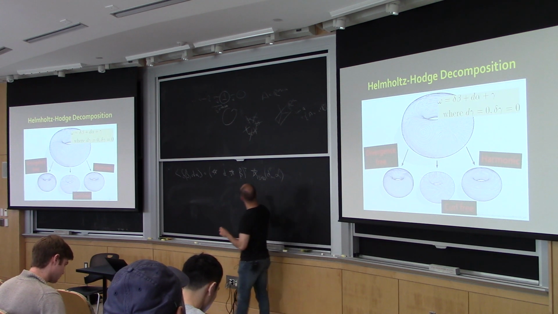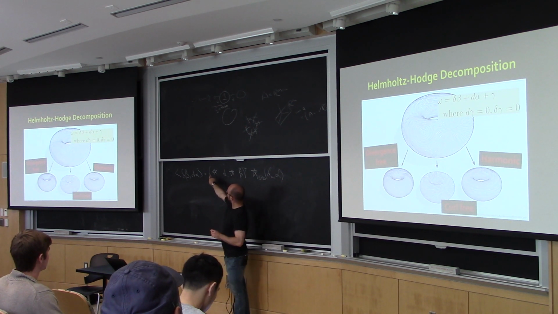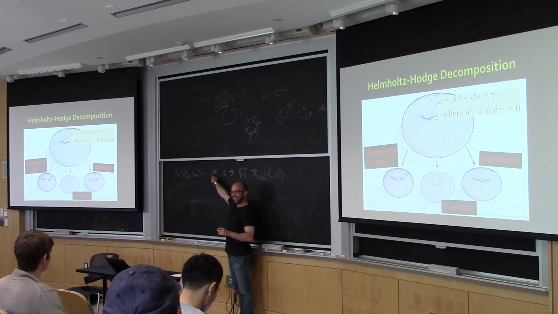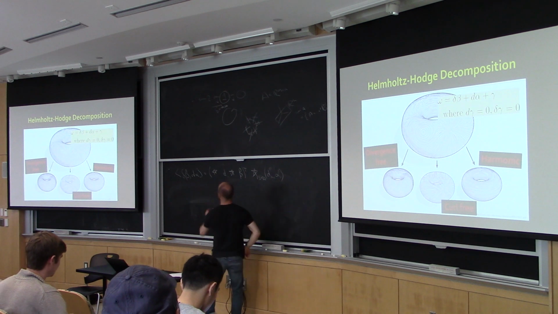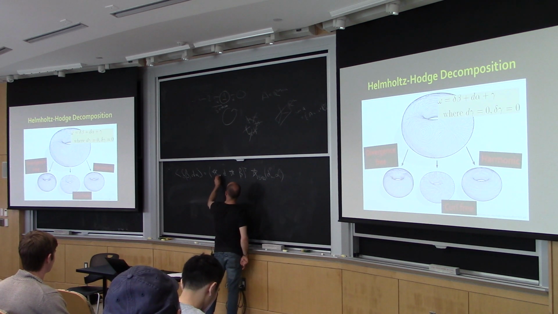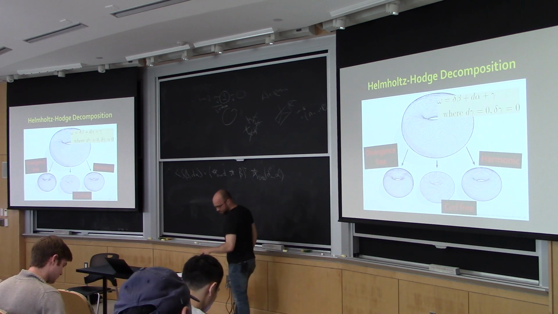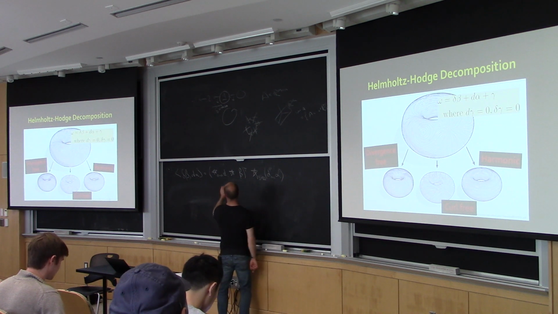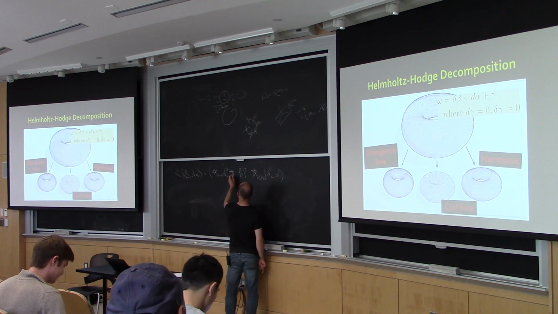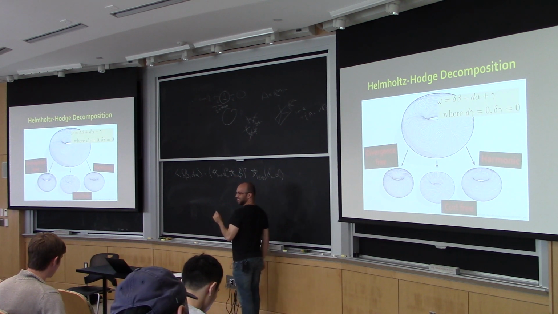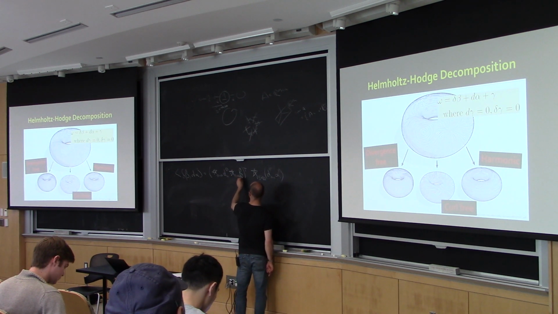Similarly, this whole thing needs to be a primal 1-form by the time it gets here. So let's reverse engineer this. Clearly, this has got to be dual 1 to primal 1. This is going to be 0 to 1 dual. This is going to be primal 2 to dual 0. And this is a primal 2 form.